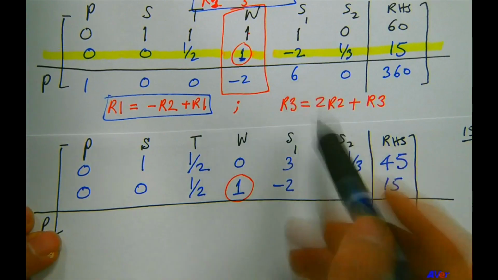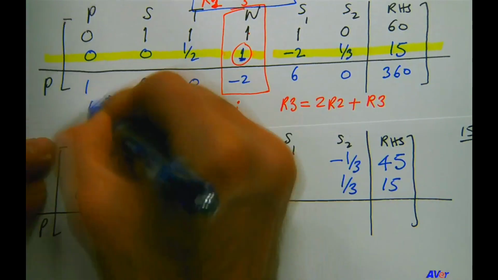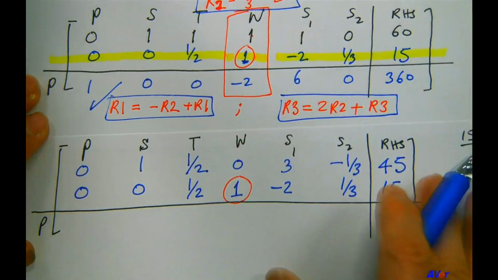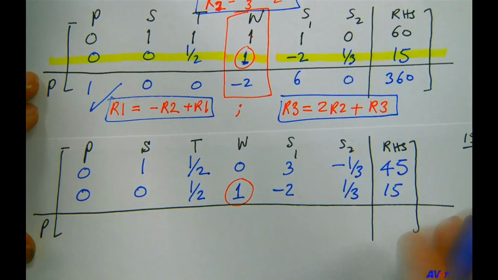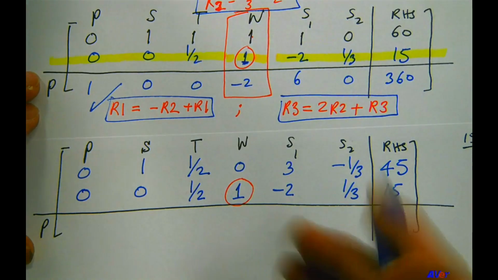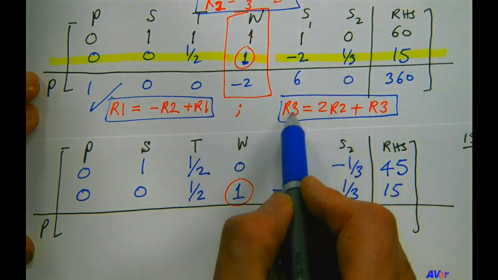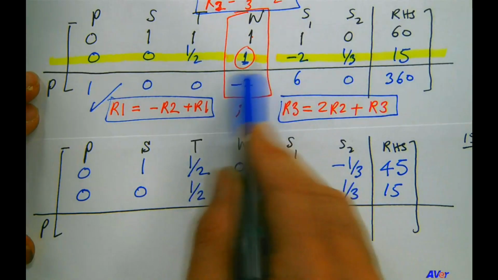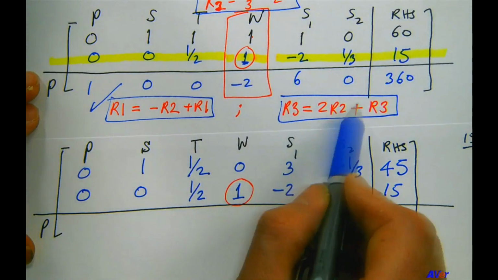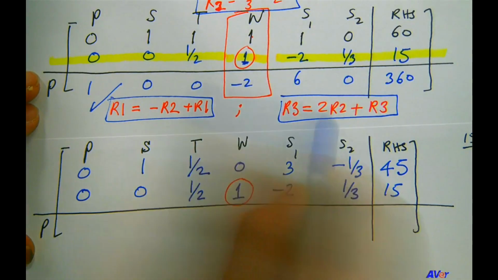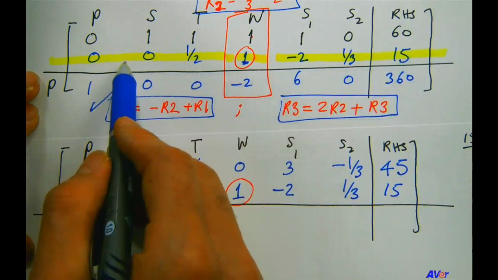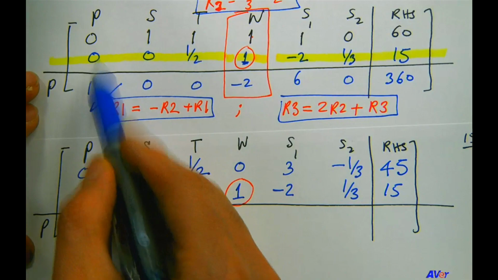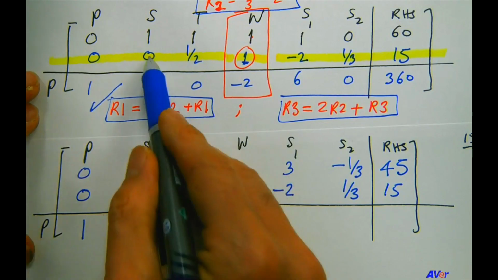Okay, now we're done with this row operation. Let's commence with this row operation now. So this is saying to replace row 3, multiply the second row, which is the pivot row, by 2, and then add it to row 3. So 2 times row 2 plus row 3. So let's do that. 2 times 0 is 0. Plus 1, 1. 2 times 0 is 0.